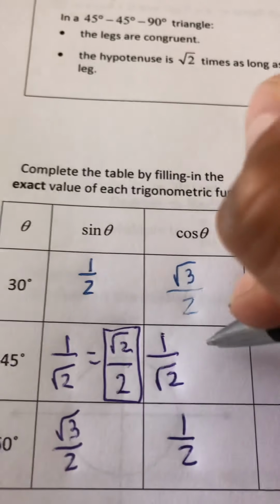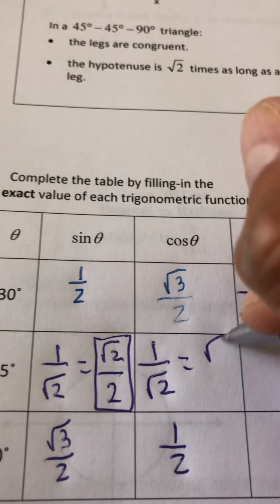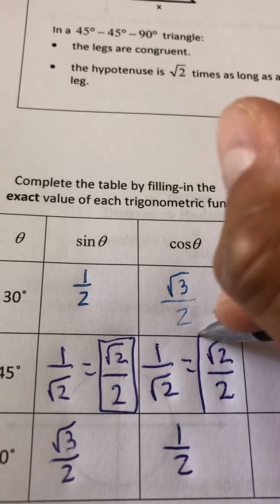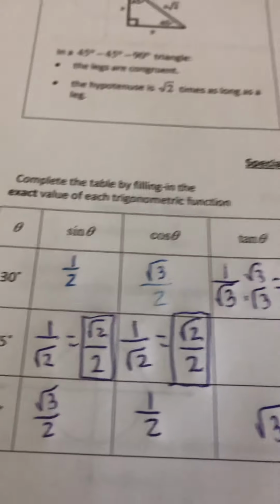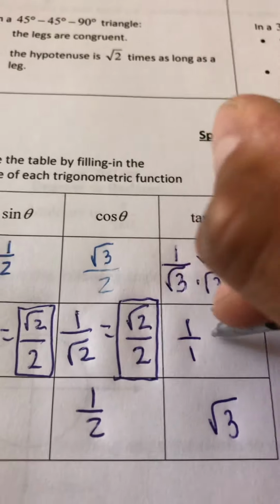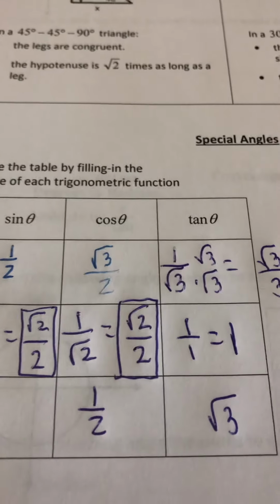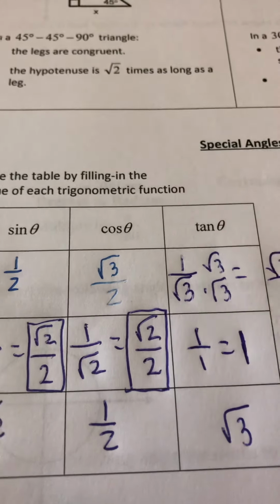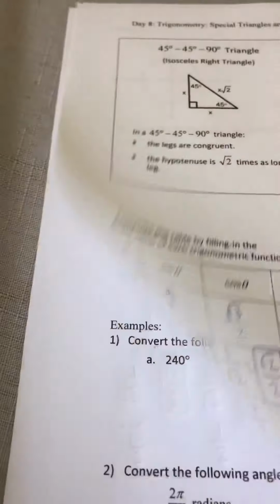As we just found out, when you rationalize, you get radical 2 over 2. And tangent is opposite over adjacent. So that's 1 over 1, which simplifies to 1. So we're going to use those to go ahead and solve a few problems in a minute.